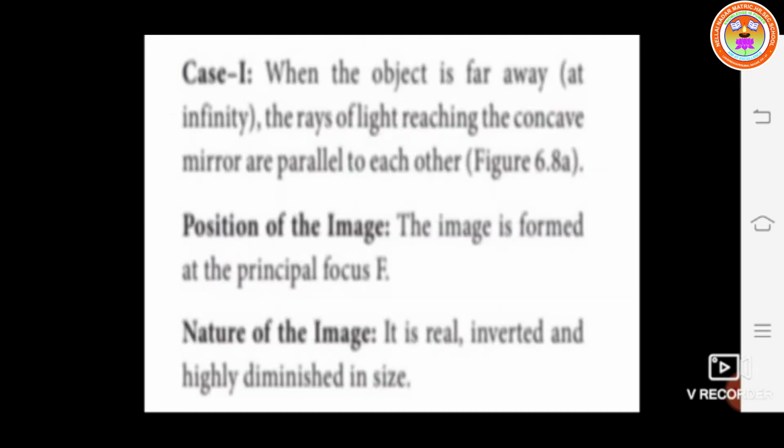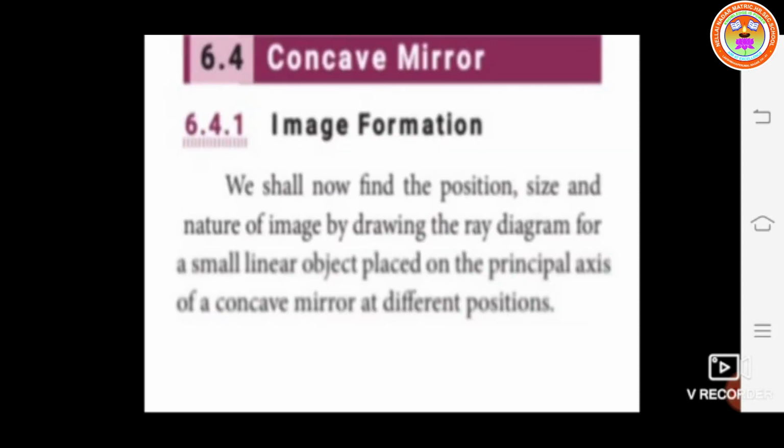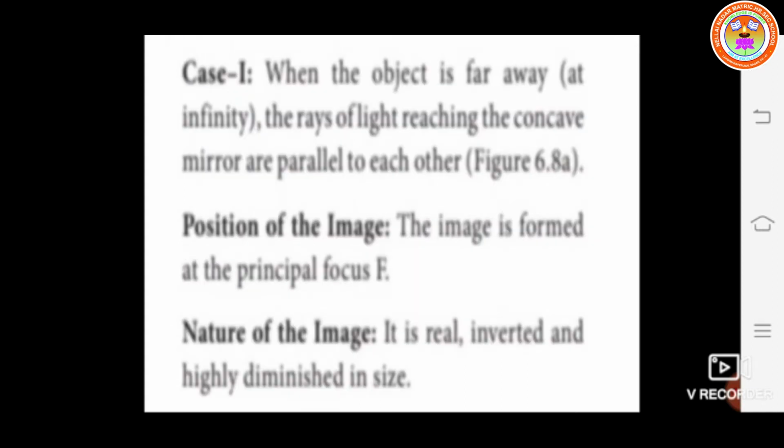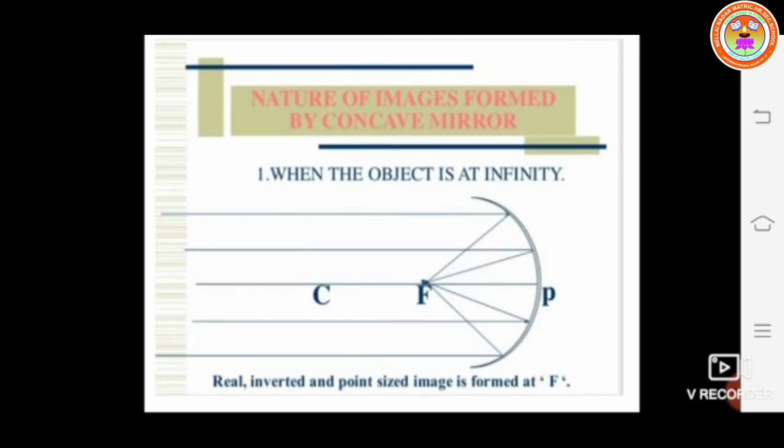So here, case 1: when the object is far away, at infinity distance, the rays of light reaching the concave mirror are parallel to each other, like this.